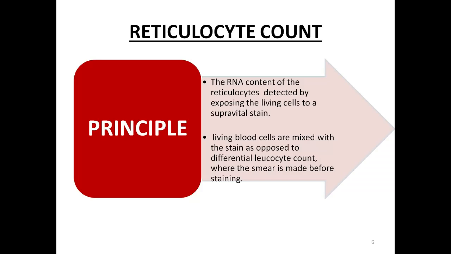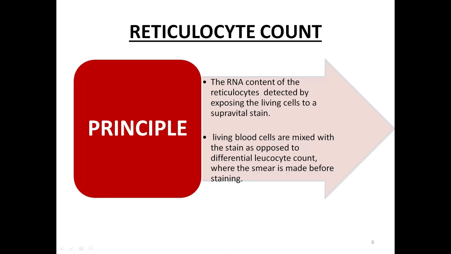Then we mix this and make a smear from the mixture. The process of making the smear is the same as in differential leukocyte count: you choose a spreader slide, place a slide, and make a smear from it. So you take a stain, take blood, mix it, and then make a smear. Okay, so this is the process.